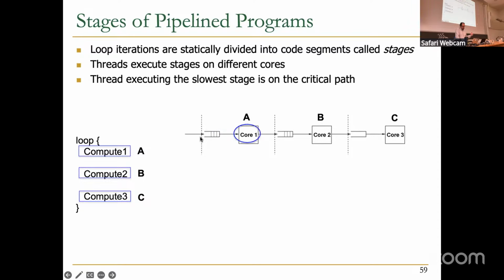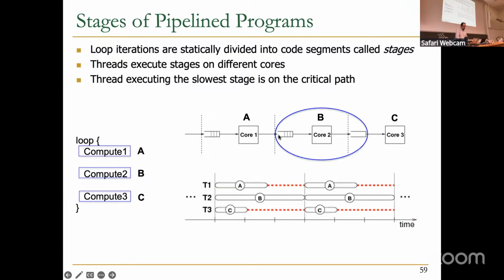Stage A needs to do computation and then generate input for stage B. So B is dependent on the input from the previous stage A, and we continue like that. Now you can see that thread 1, which we allocate for running segment A, executes and then stalls because it didn't get input from the previous iteration.